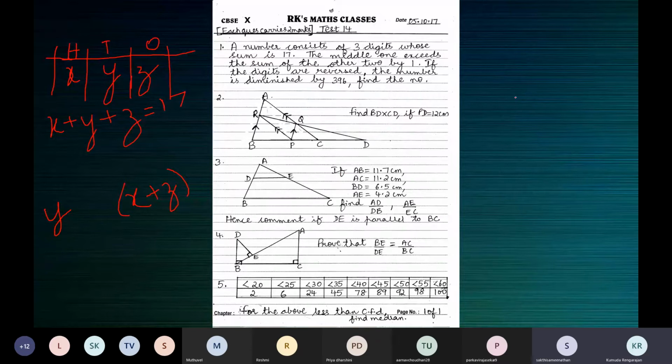See, if I say my age exceeds your age by 30 years, it means my age minus your age, the difference between our ages, is 30. Understand that. Exceeds means the difference. Something is more, the other one is less. So the greater quantity minus the smaller one is equal to the difference.